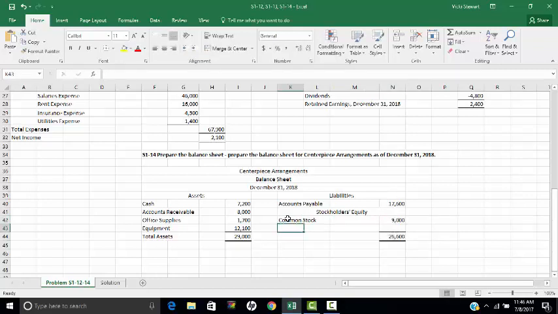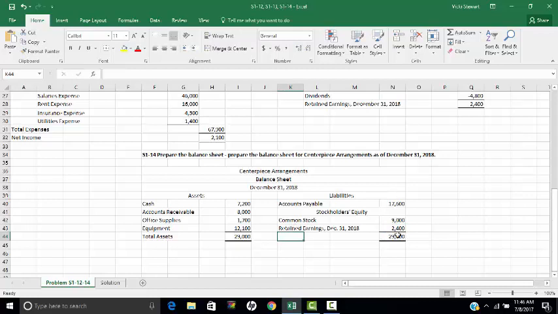Now the other component of stockholders' equity is retained earnings, but remember that we have to use our retained earnings balance from the statement of retained earnings that we got in this calculation. So we want the ending retained earnings as of December 31st, 2018, not the beginning retained earnings, and we get that amount from the statement of retained earnings. So that's $2,400.